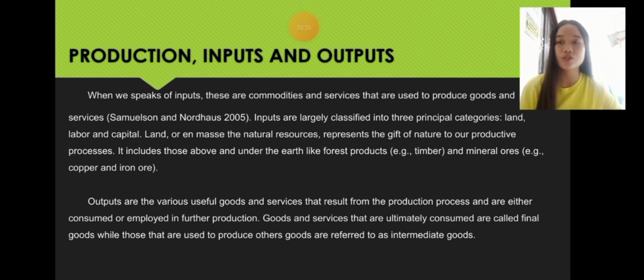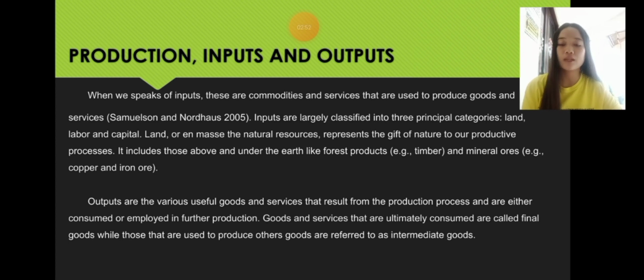So, outputs are the various useful goods and services that result from the production process and are either consumed or employed in further production. Goods and services that are ultimately consumed are called final goods, while those that are used to produce other goods are referred to as intermediate goods.